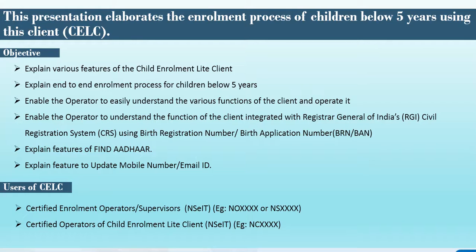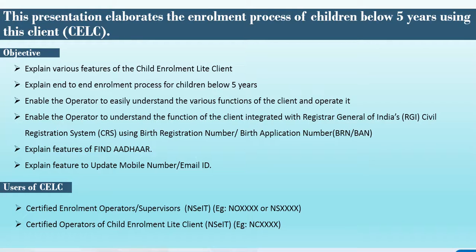That certification will be given by NSEIT. For example, for operators the certificate number will be NO plus some numbers, and for supervisors the certificate number will start with NS. So we can identify certified operators using their numbers itself.